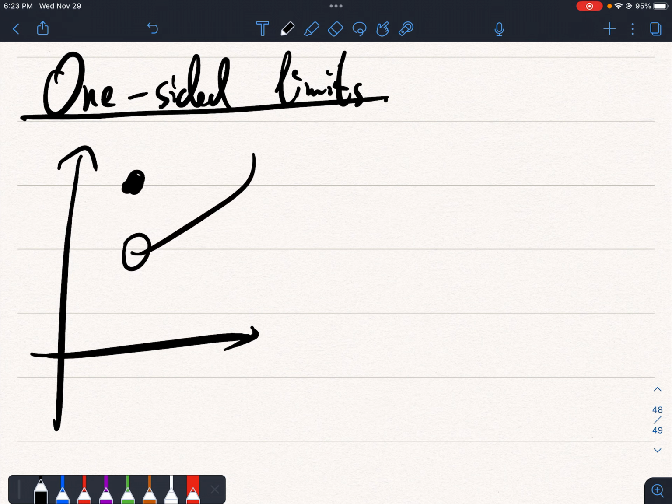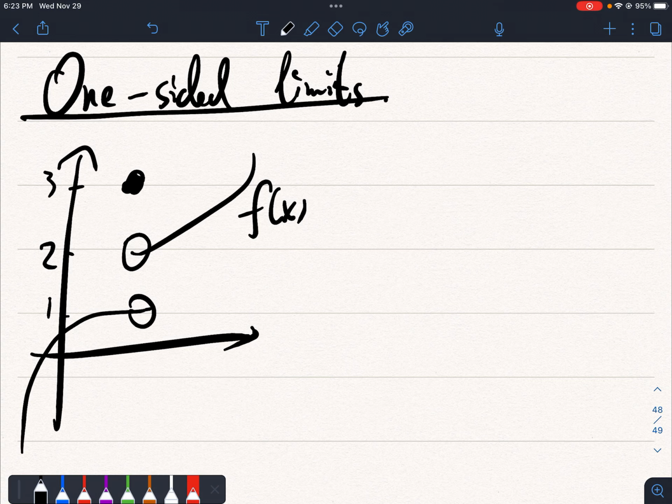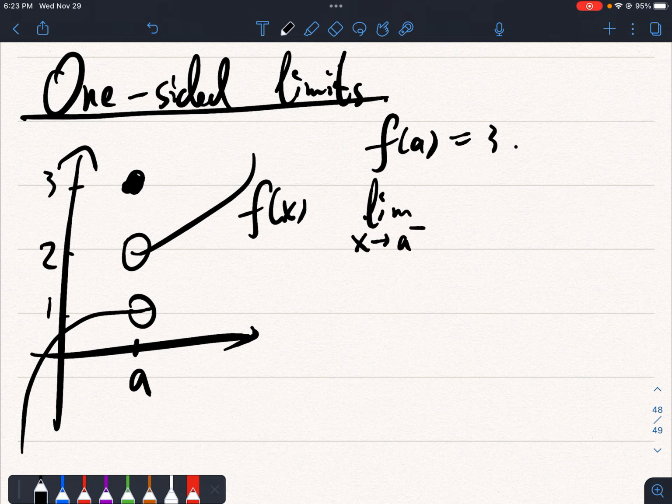So we define, for example, in this case, if this is 1, this is 2, and this is 3, and this function is f of x, then you can see in this case f of 2 is equal to 3. And the limit as x approaches this point, sorry, I will call this point a, okay? So f of a is equal to 3.